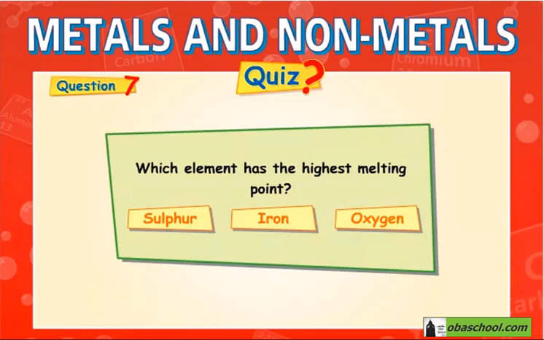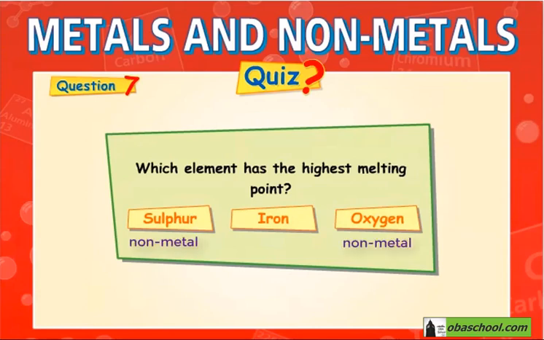Which element has the highest melting point? Sulfur, iron, or oxygen? In fact, you don't need to know the melting points of the three elements in order to have the right answer. Sulfur is a nonmetal.